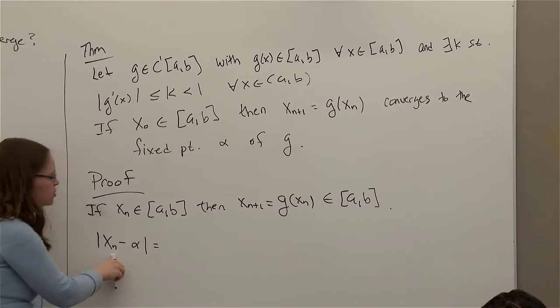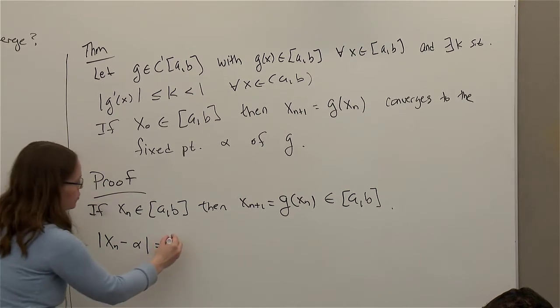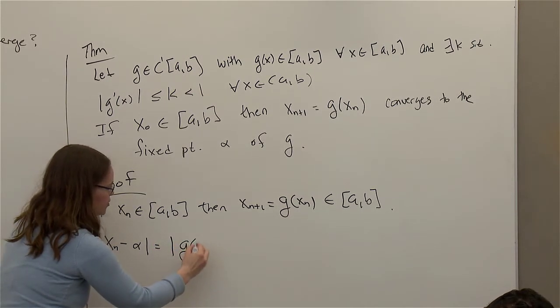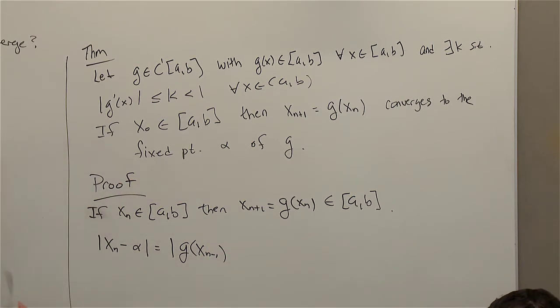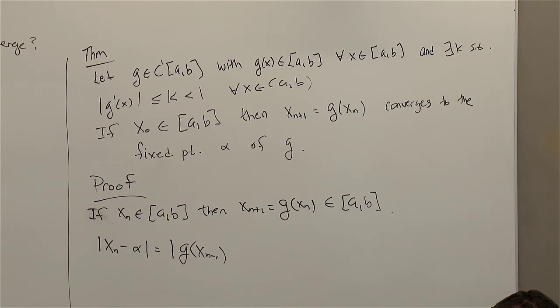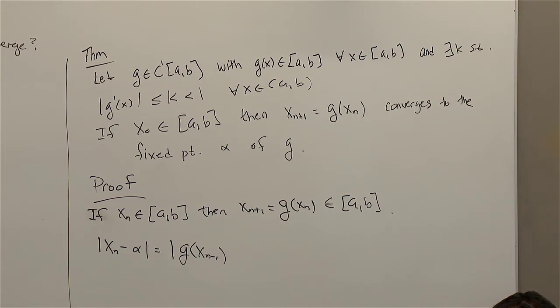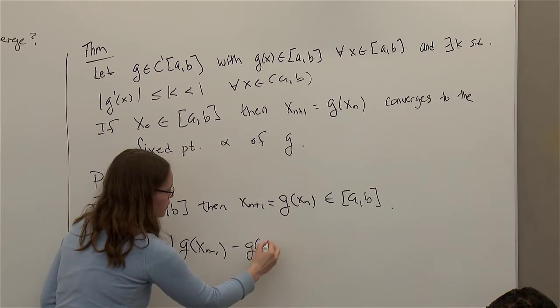We should build in how these things are defined, right? So this xn was defined through our method. We better bring the method into the analysis somehow. Okay, and alpha. Alpha we know is a fixed point, so this is equal to g of alpha.